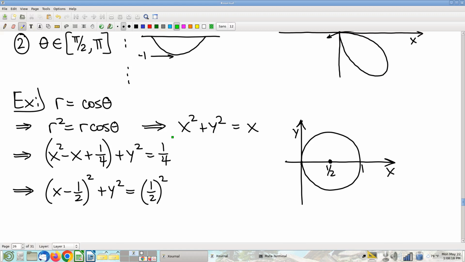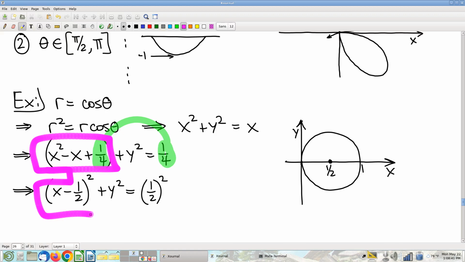This is a nice little example to figure out what this represents, right? We take the x, we move it over to the other side with a minus, and this by itself is not a square. I've got to figure out what it is that I add to both sides of the equation to make this actually a square, right?